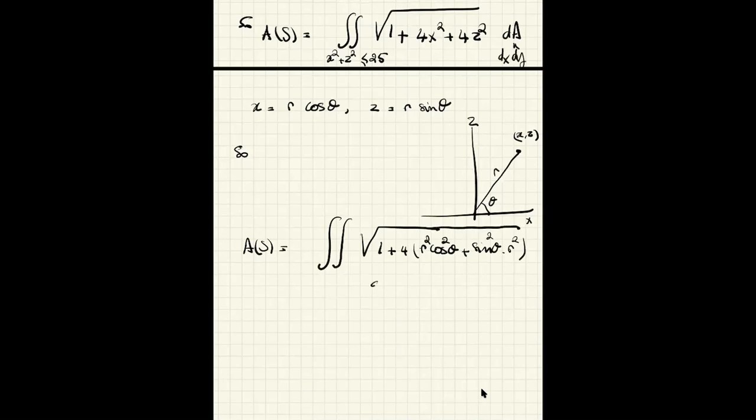Now I'm going to have d theta, right? So everyone is following me here, or did I miss something? No, I missed something, because remember, it's r dr d theta when you change the variables. Okay.